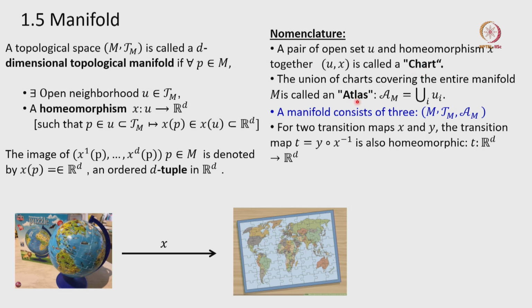I should be able to combine all these charts and get the manifold, and that is called an atlas. So, a manifold consists of three things: the topological space, an atlas, and there should also be a transition map between different neighborhoods, which is also homeomorphic from R^d to R^d.